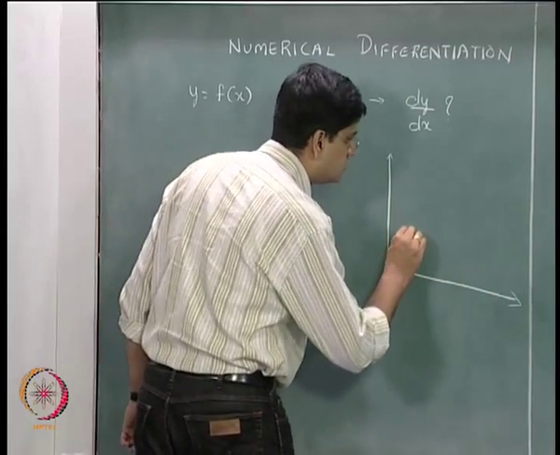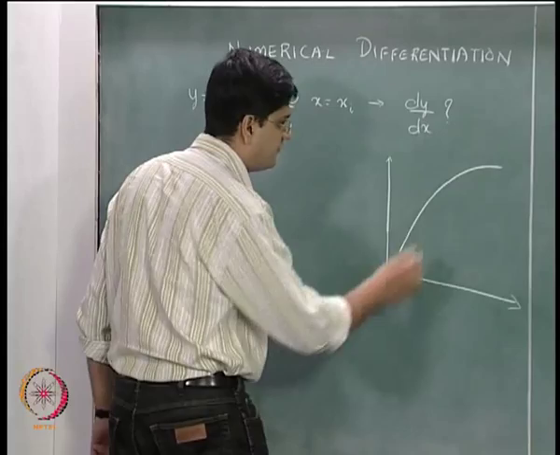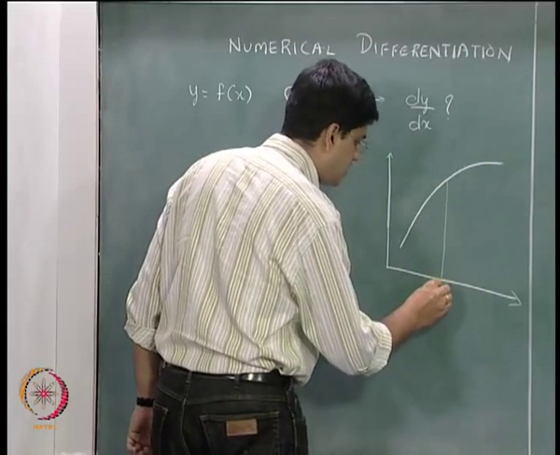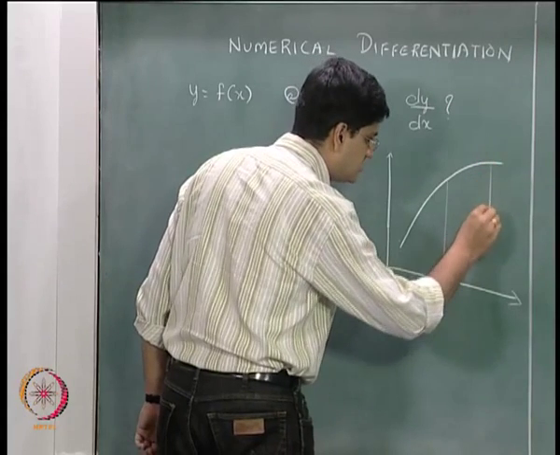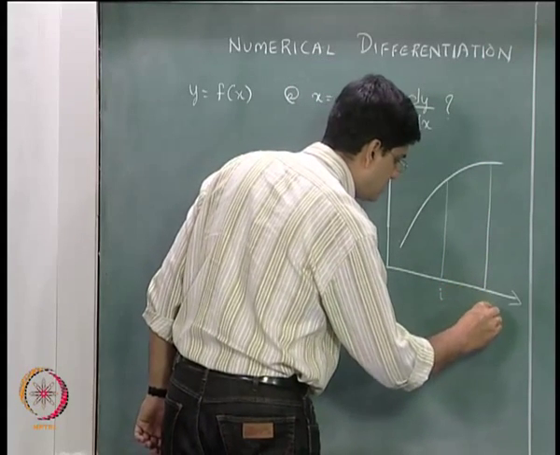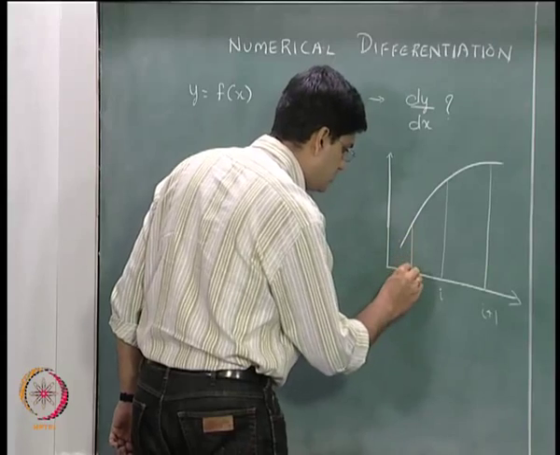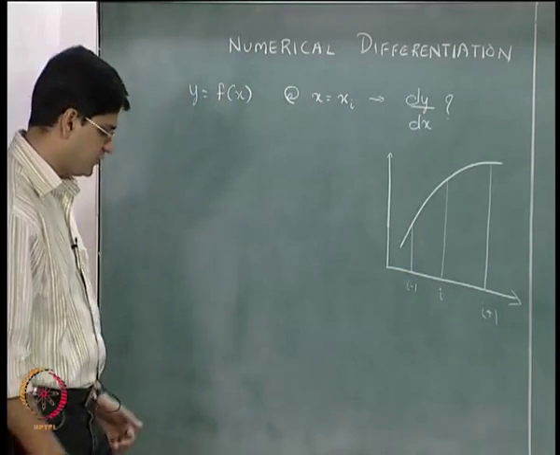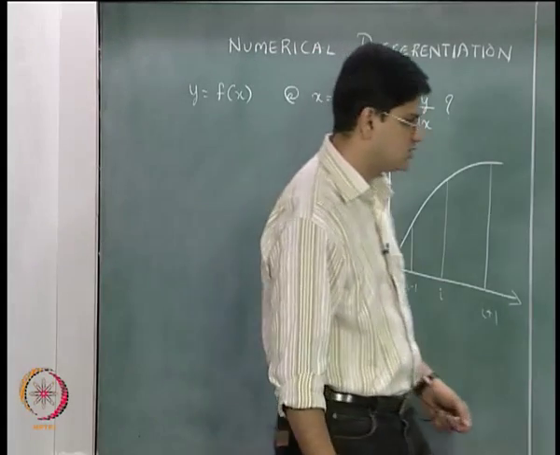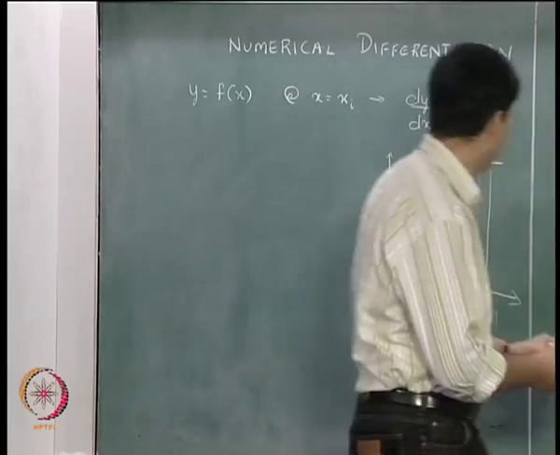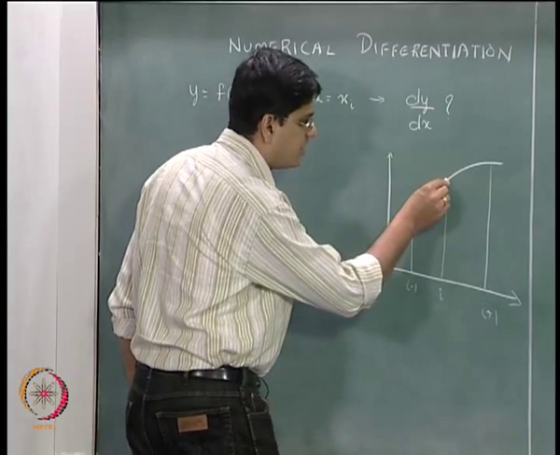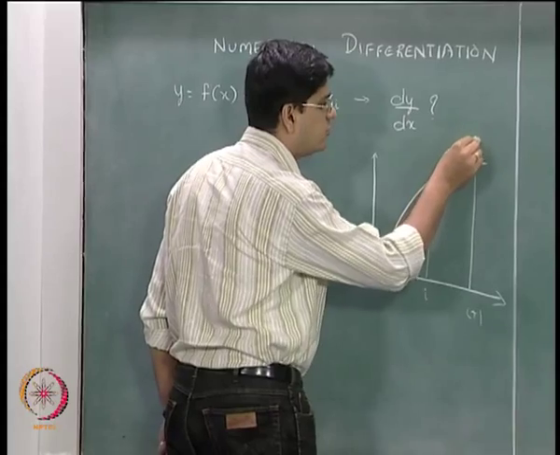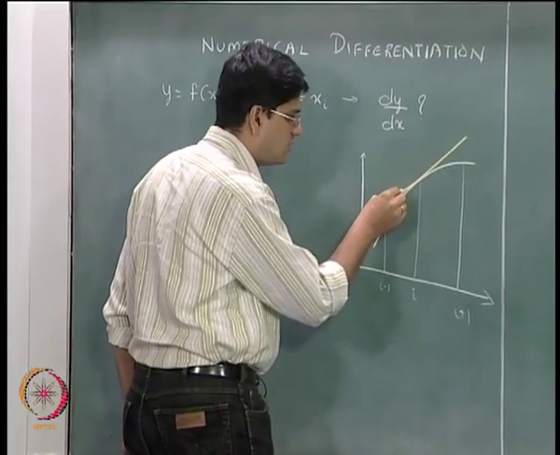Okay. So let us make the curve in this form. Let us consider this as point i, let us consider this as point i plus 1, and let this be the point i minus 1. We are interested in finding out the slope of the tangent to this curve at point i. So I will just draw the tangent segment over here.